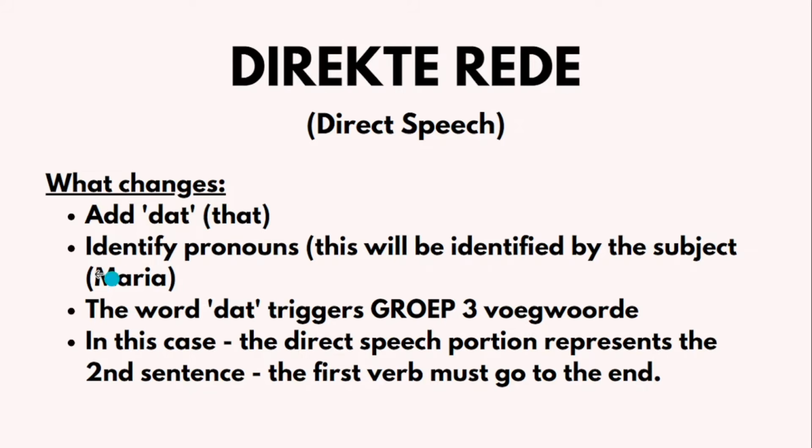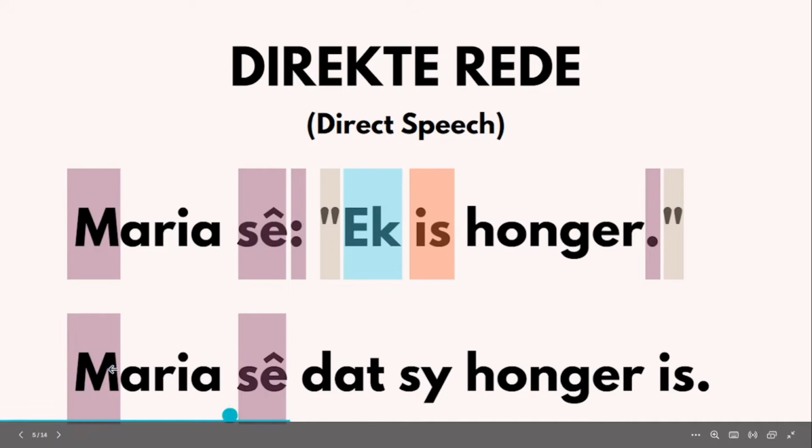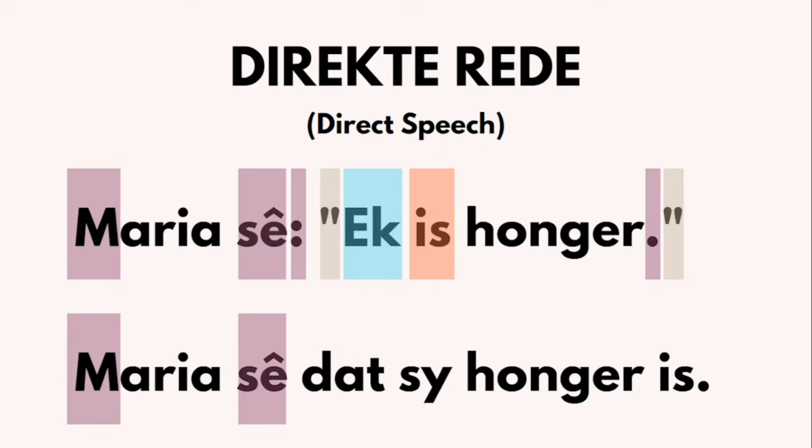So we've added "dat", we've identified the pronoun, then the word "dat" triggered a group 3 rule for conjunctions. So now you know that "is" must go to the end. So Maria sê dat sy, so number 1, number 2, number 3. Further than that, nothing changes. Also, remember your punctuation at the end of the sentence. A lot of students tend to forget that. Okay, next.